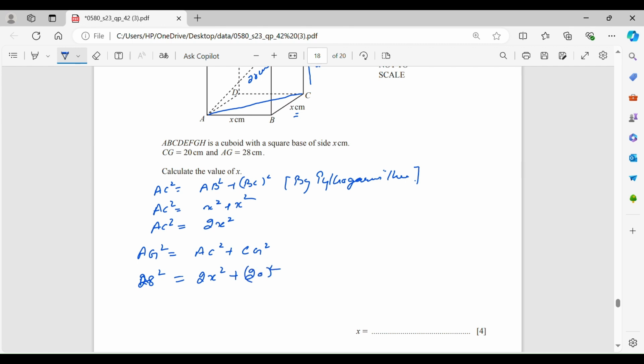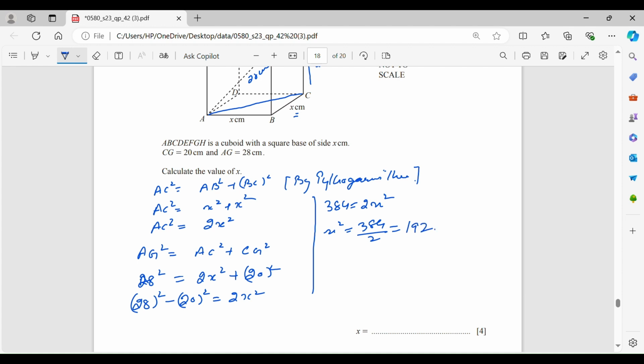Now 28 square minus 20 square is equal to 2x square, right? So 28 square minus 20 square is equal to 384. 384 is equal to 2x square. Now x square will be equal to 384 divided by 2, which is equal to 192.